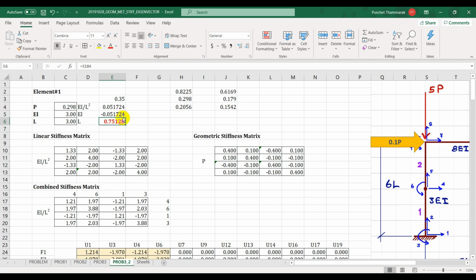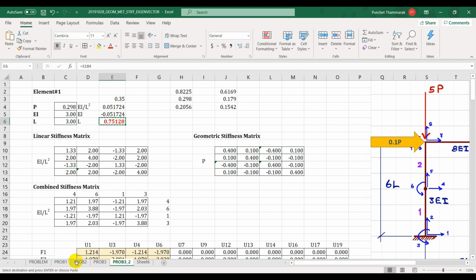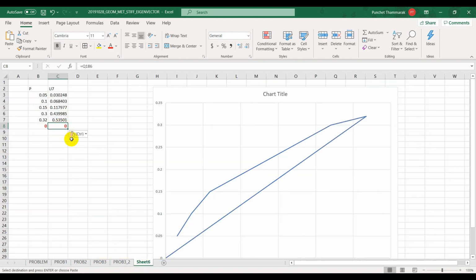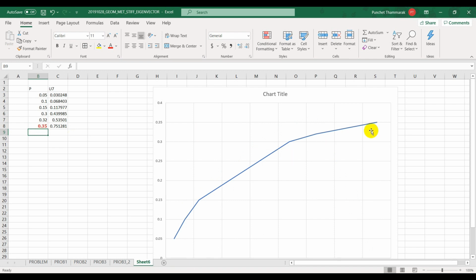This is 0.35. 0.35. Okay, it gets less steep.